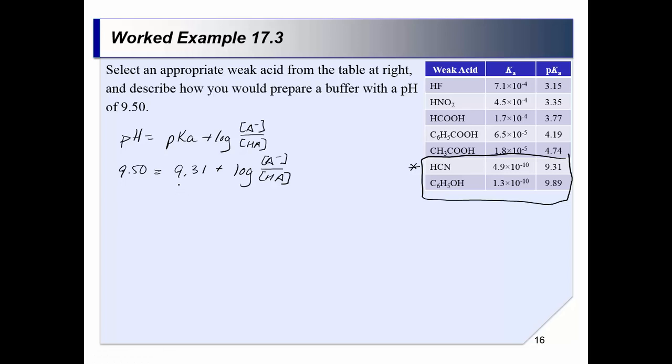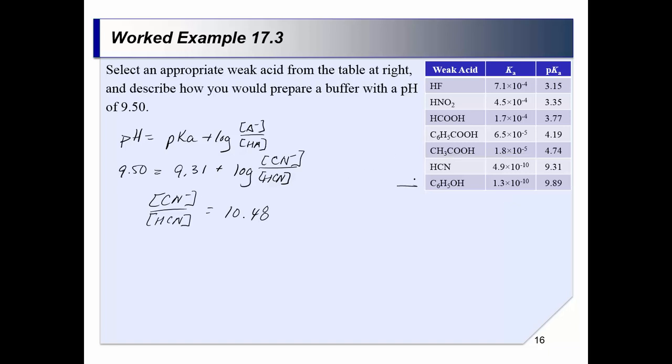Now when I do that, this is specifically for cyanide over hydrocyanic acid. So I get the ratio of cyanide to hydrocyanic acid is equal to 10.48. Well, that's a little bit more than 10, so I don't think we're going to be using hydrocyanic acid.